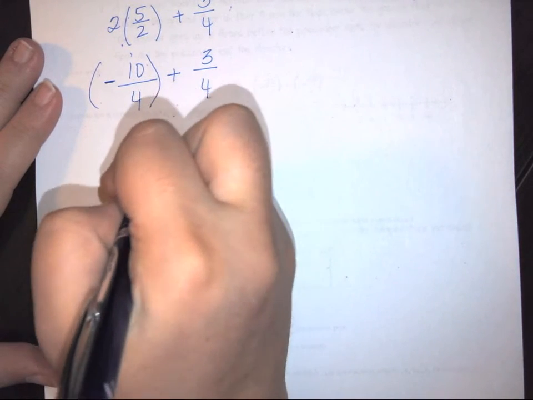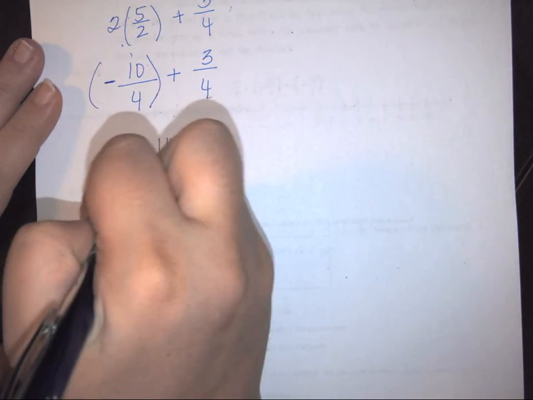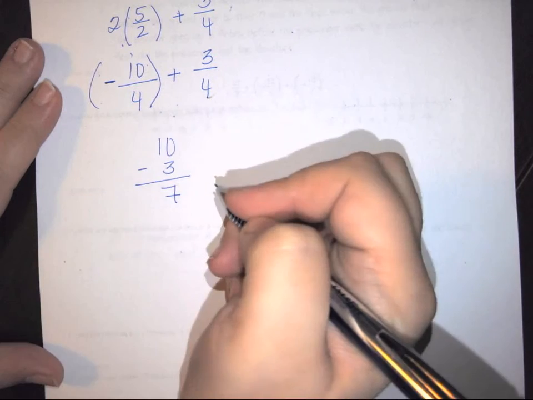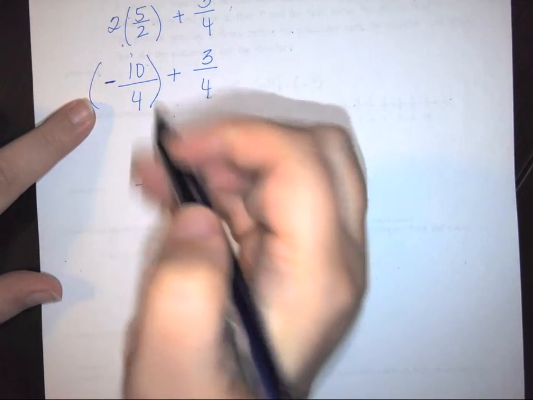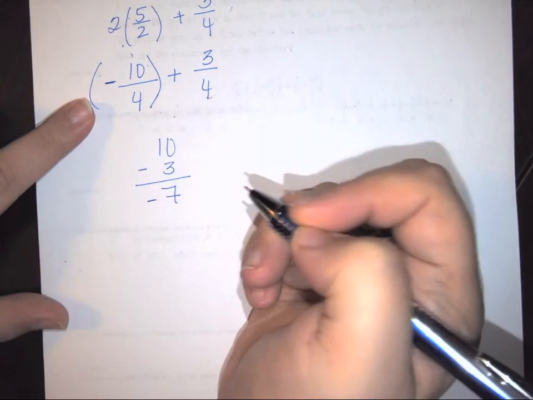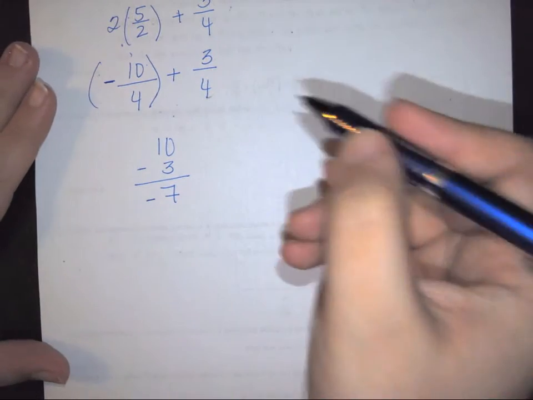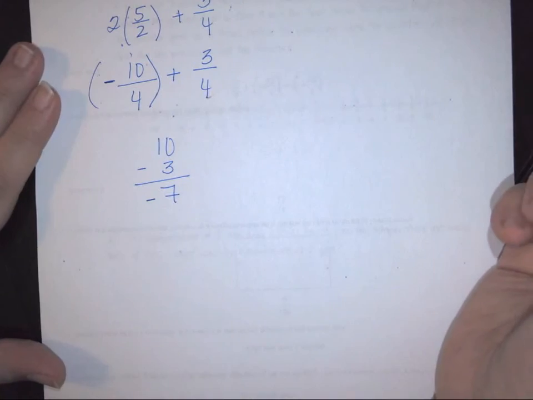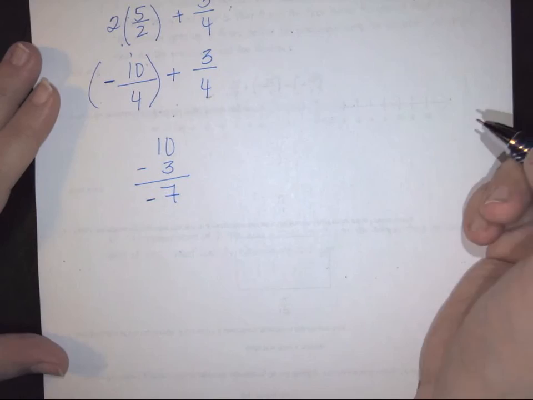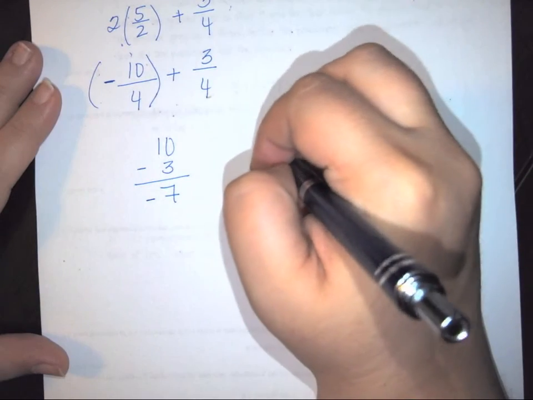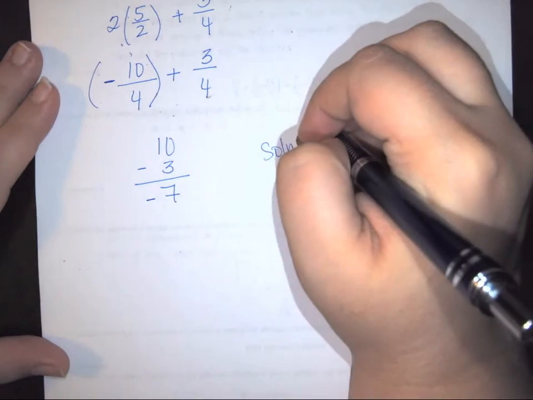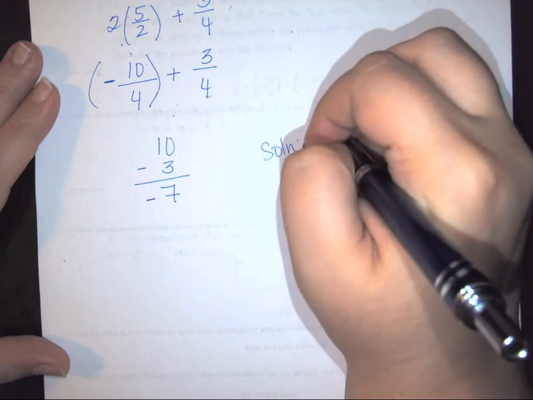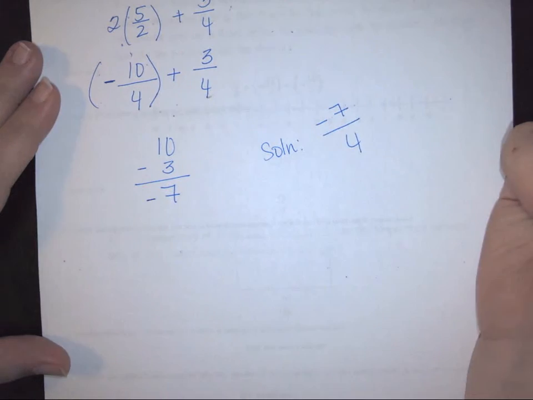So I have 10 minus 3. In this case gives me a 7. However, my sign was negative, so this is a -7. So this is going to go into my numerator. So my overall solution is going to be -7/4.